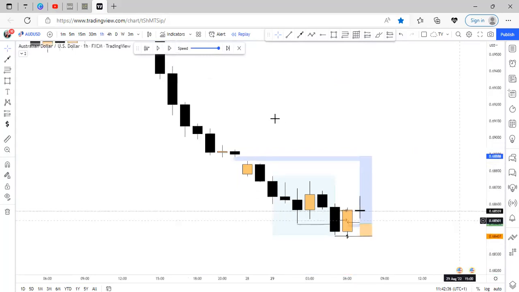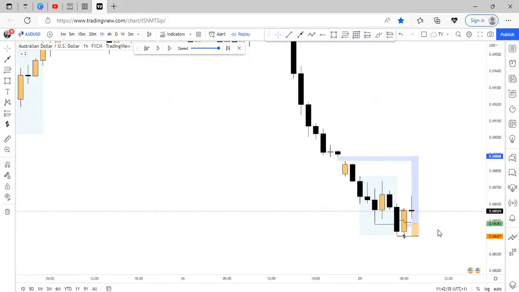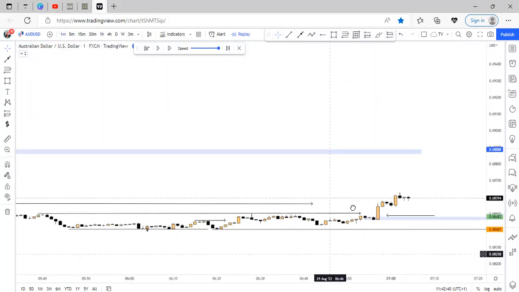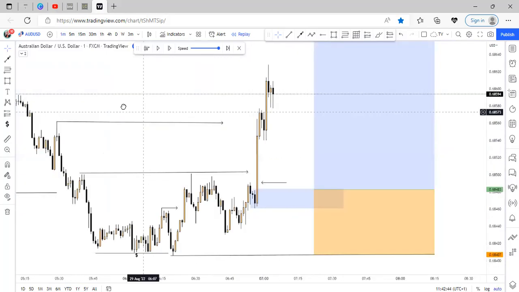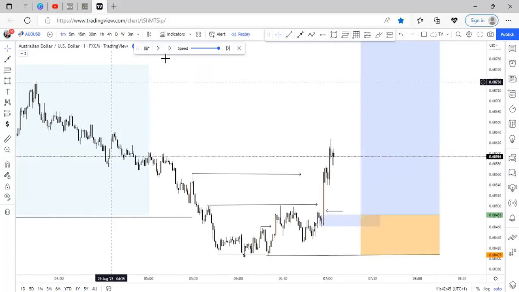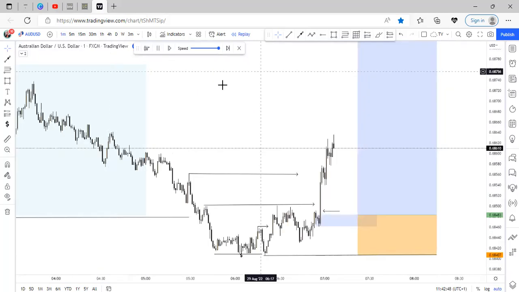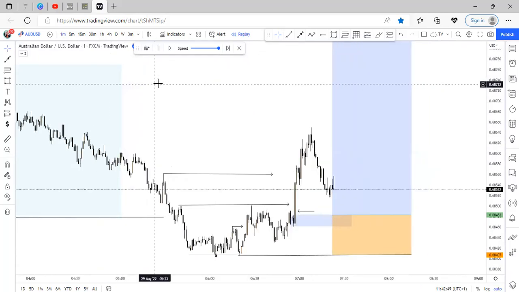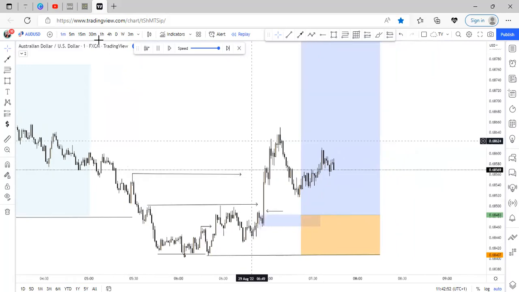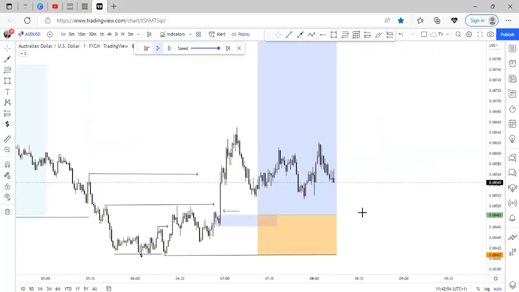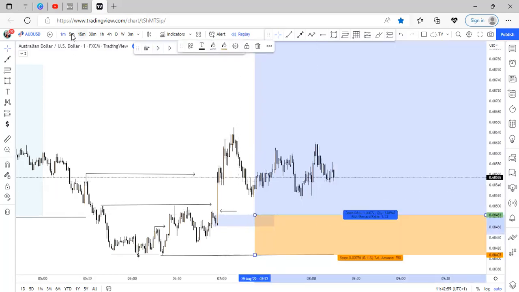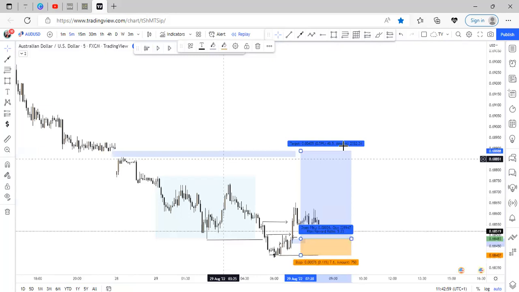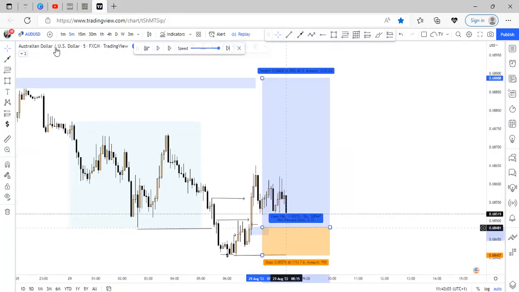Okay, so let's move back to the 1 minute time frame now and see if we will actually get tapped into this trade. So as you can see, market came back here. Let me move to a higher time frame, like the 5 minutes, so we can go fast with this trade.